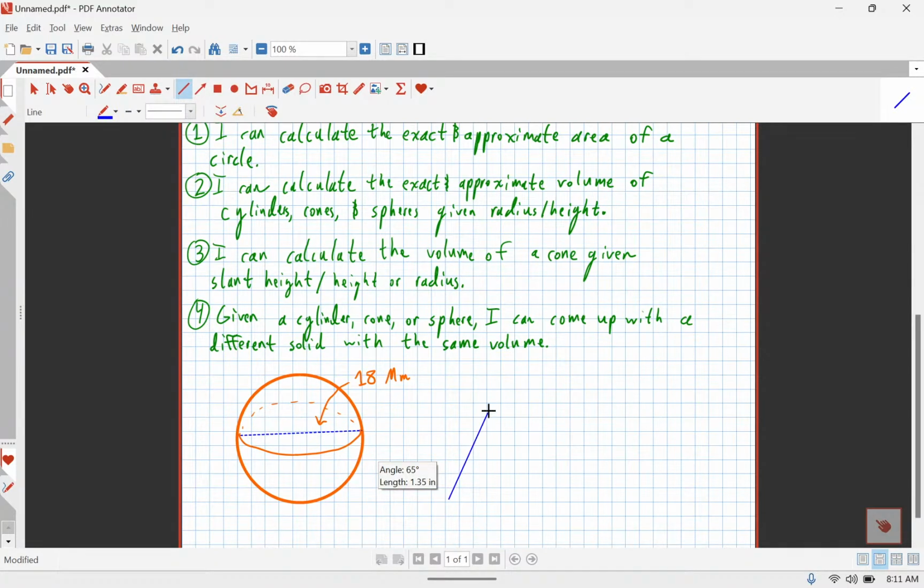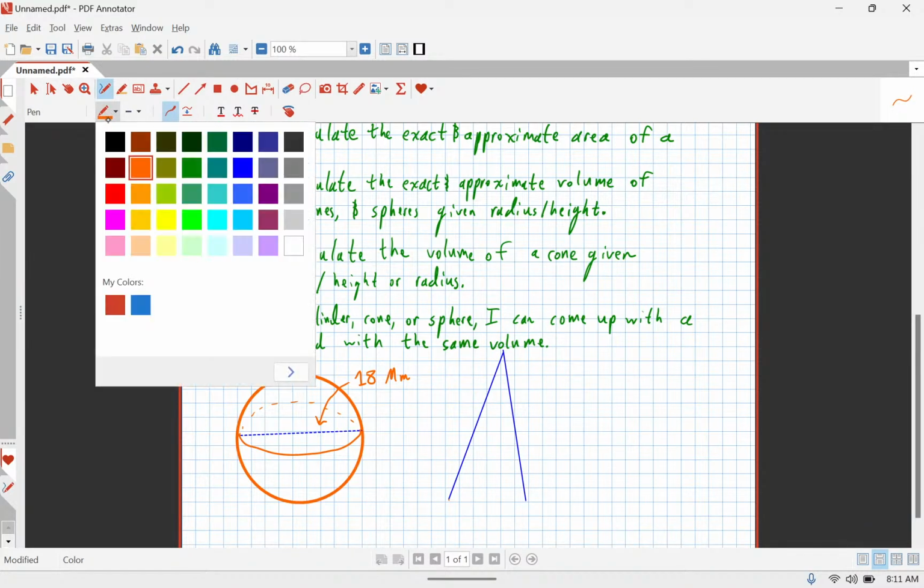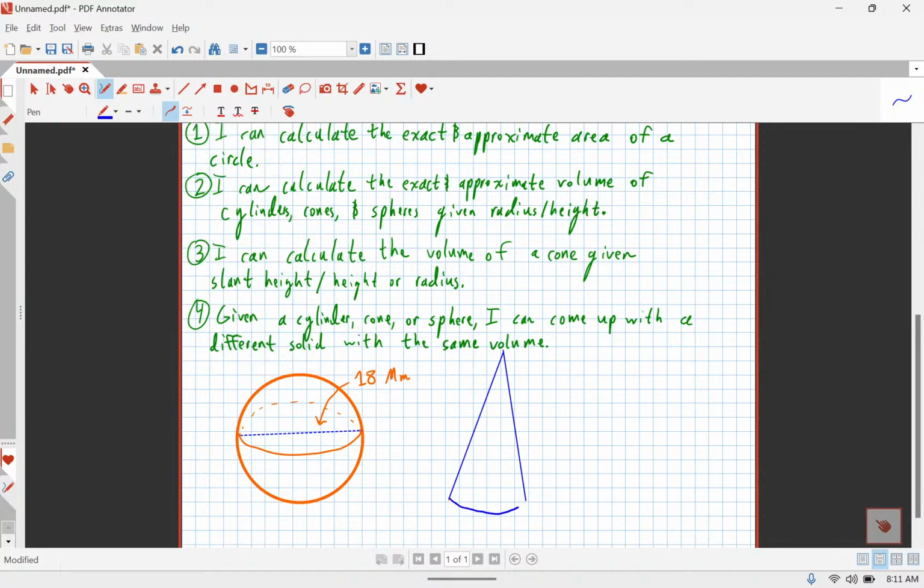And there's a cone that has a height of 27 megameters. The question I might ask you is, what would the radius of that cone have to be so that the volume of these two objects were the same? That is a level 4.